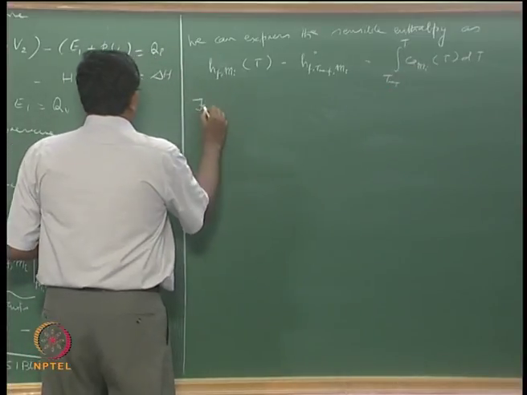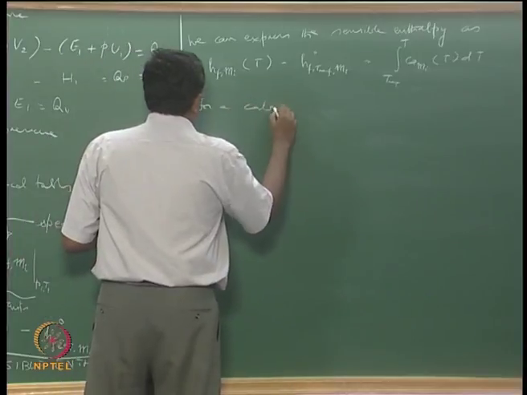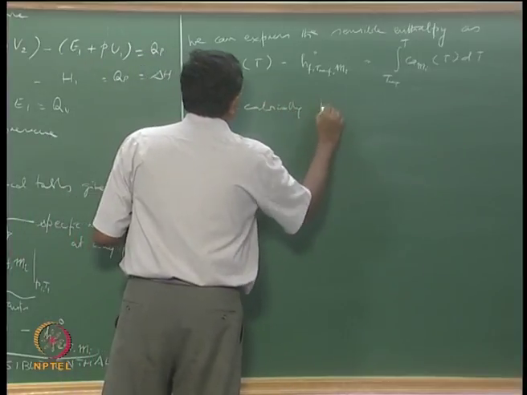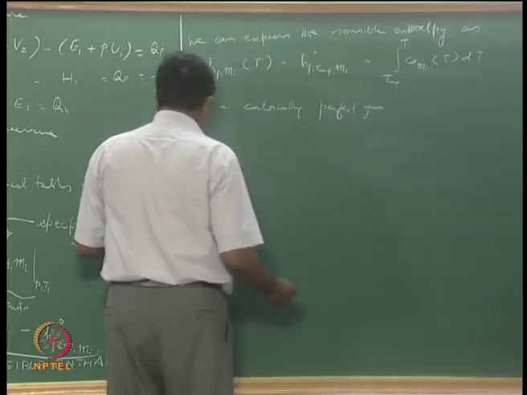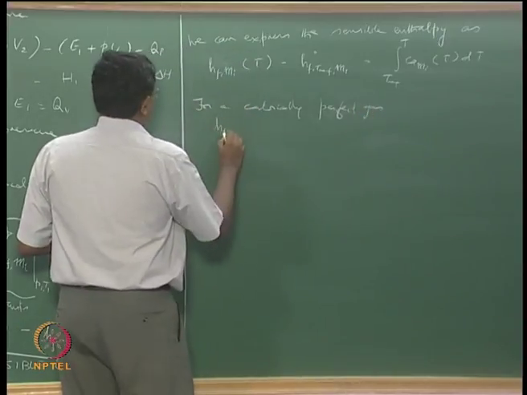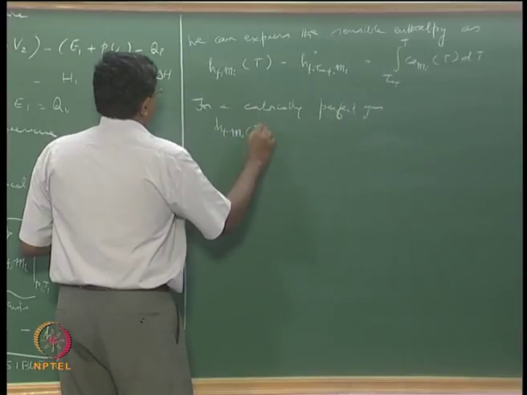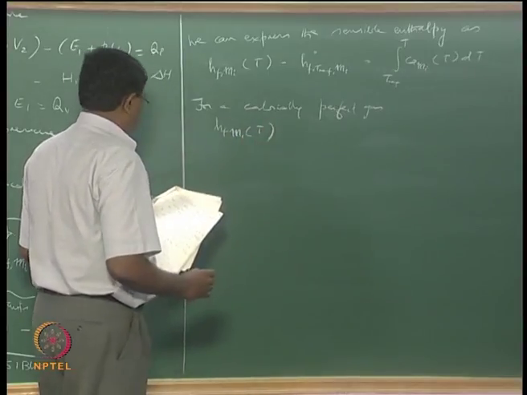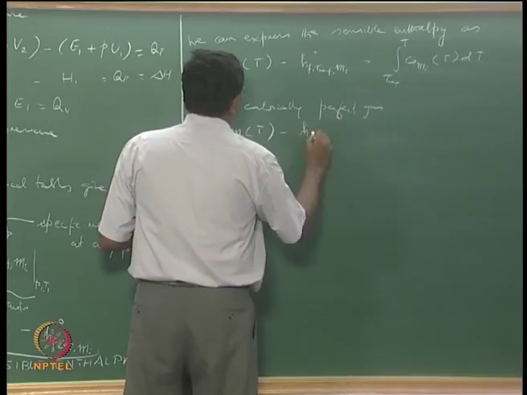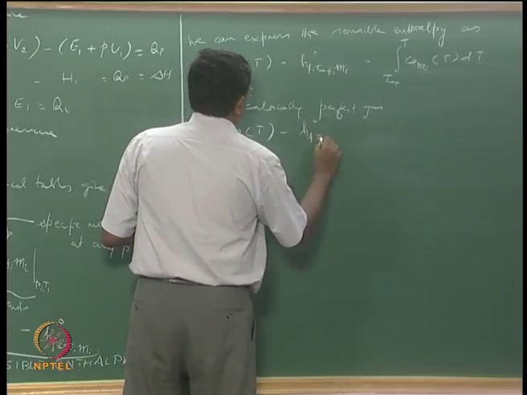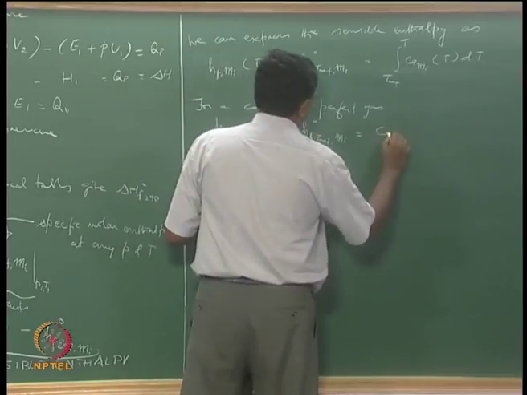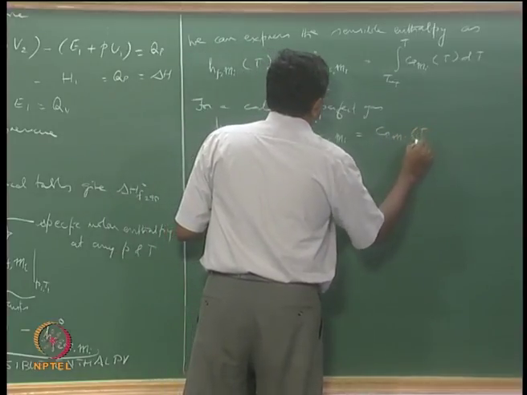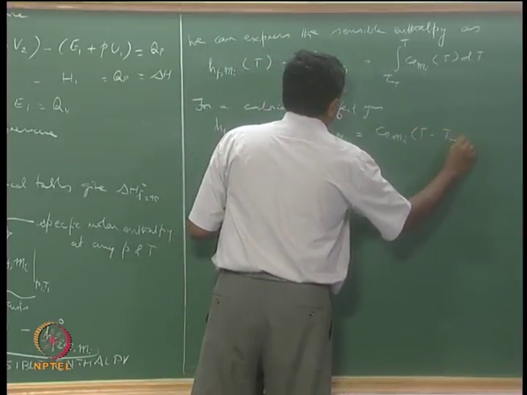For a calorically perfect gas, you can write this further as h_f,i(T) minus h_f,i^0(T_ref) as Cp,i times (T minus T_ref).